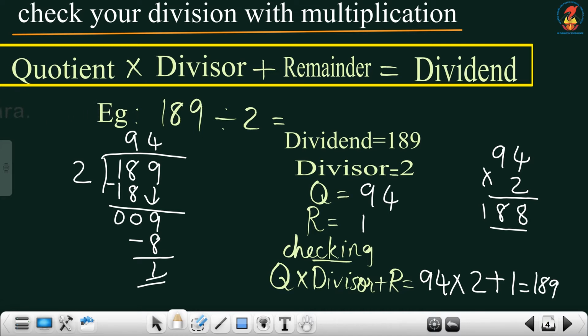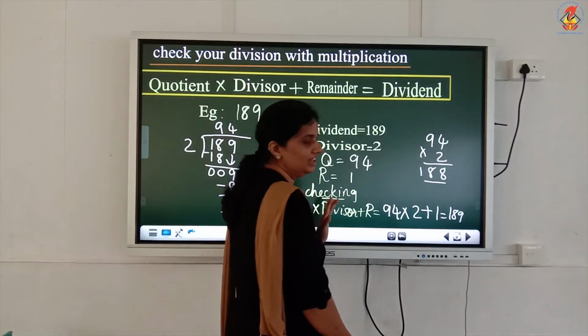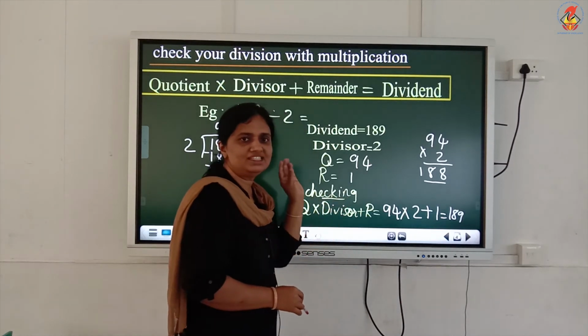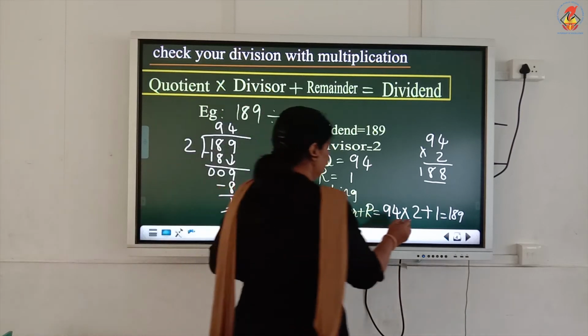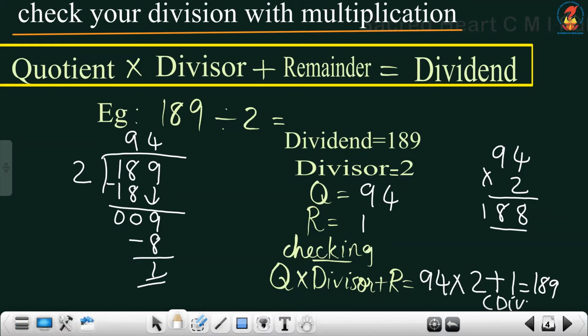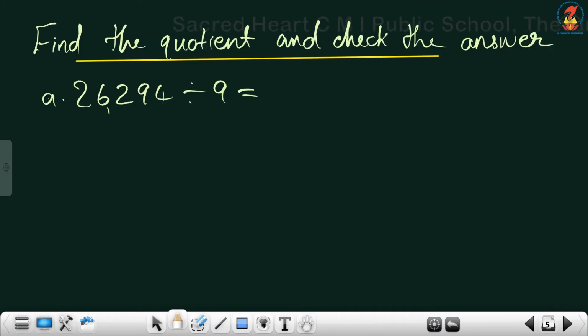That is the dividend. That means my answer is correct in the division, right? Is it clear? 189 is the dividend.